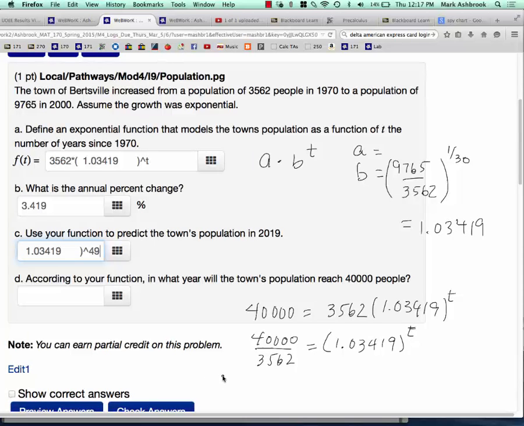So mathematically, t is the exponent of 1.03419 that gives what?